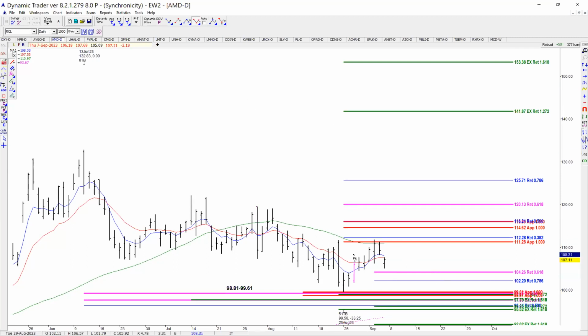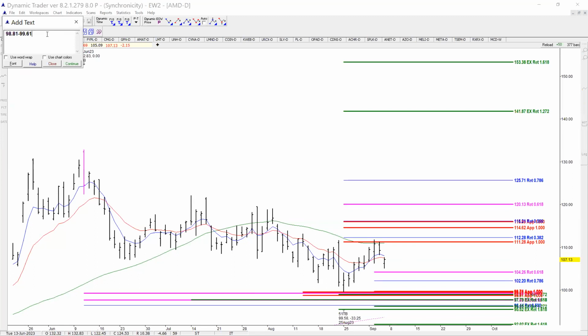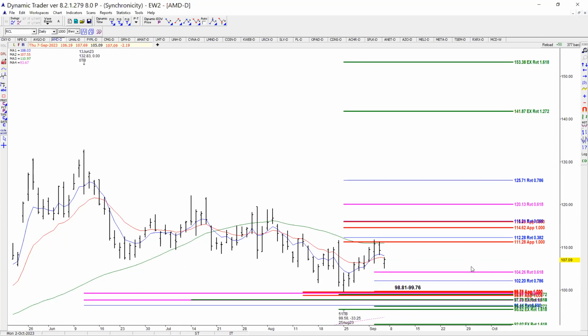I think that symmetry might extend. 99.76. If that high is in place, that would be your setup zone if we come down to retest it.